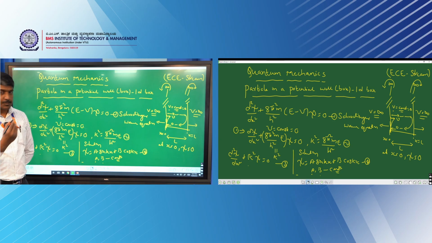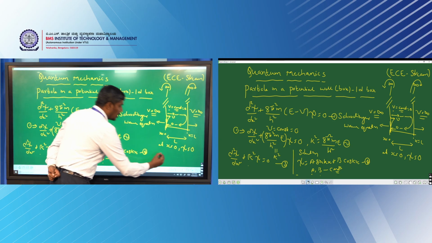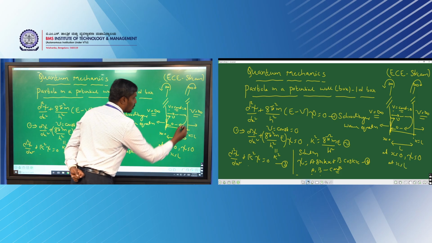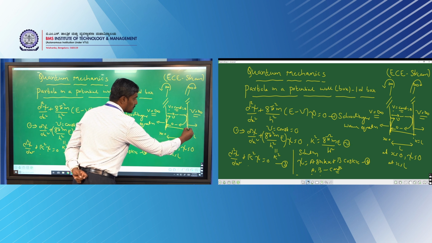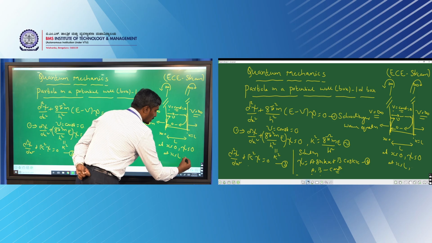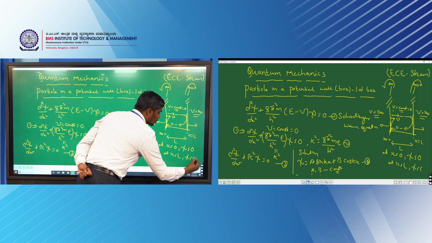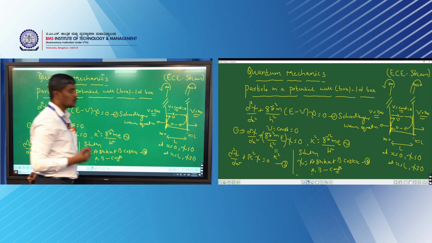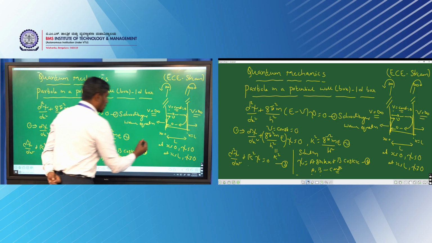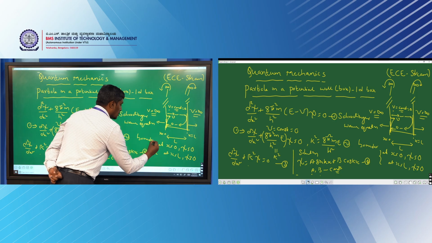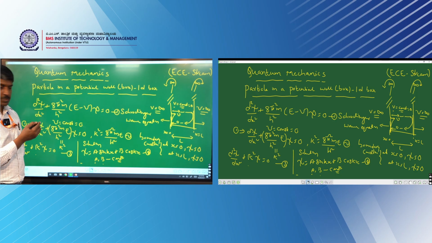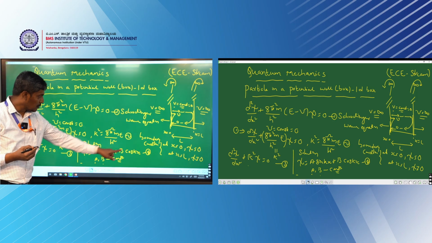This is the first boundary condition. Similarly, at x is equal to L, this end of the wall, since the particle cannot be there, psi is equal to 0 again. These two are called the boundary conditions of the particle.